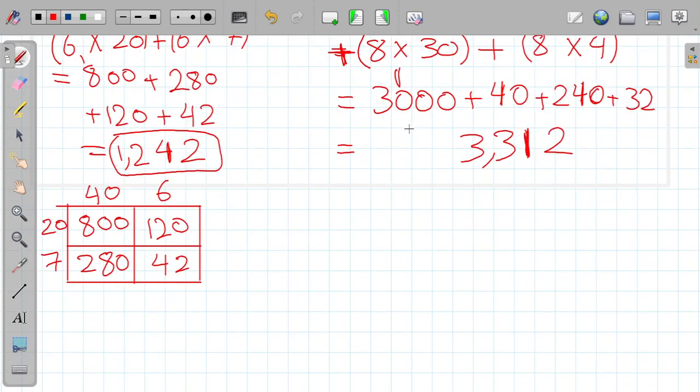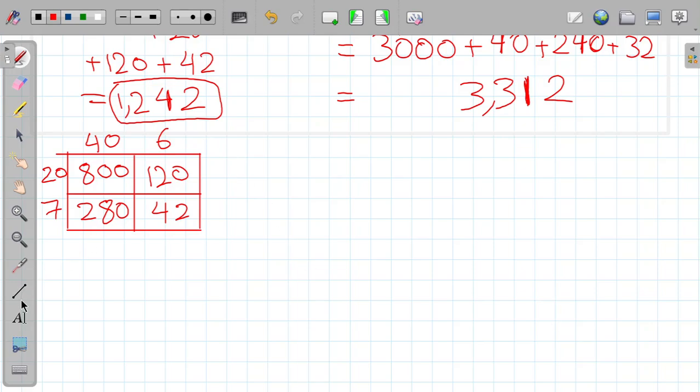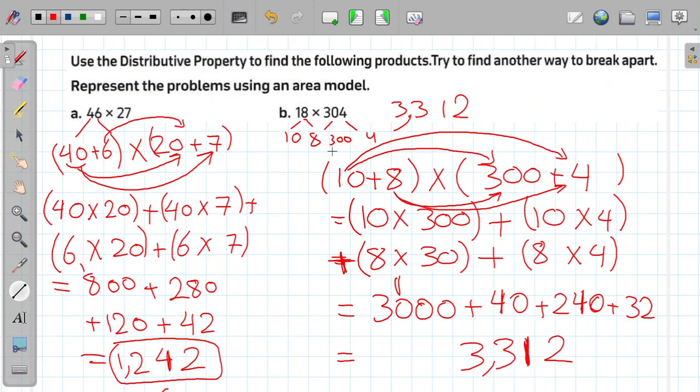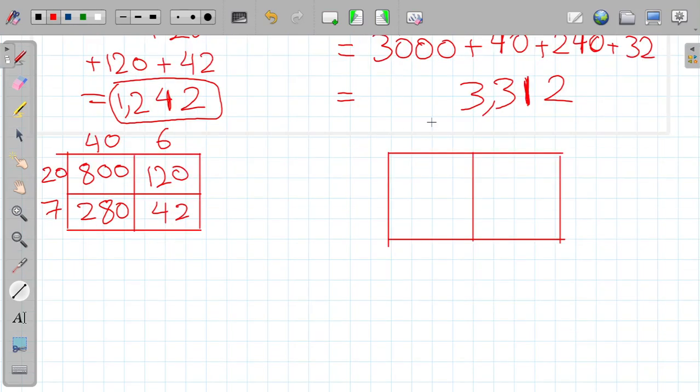Okay, if I wanted to try the area rectangle or the area model like this, I will cut the rectangle like this. I have here 1, 2, 3, 4. I have 1, 2, and 1, 2, 2 by 2 equals 4. So I have 4 parts like this.